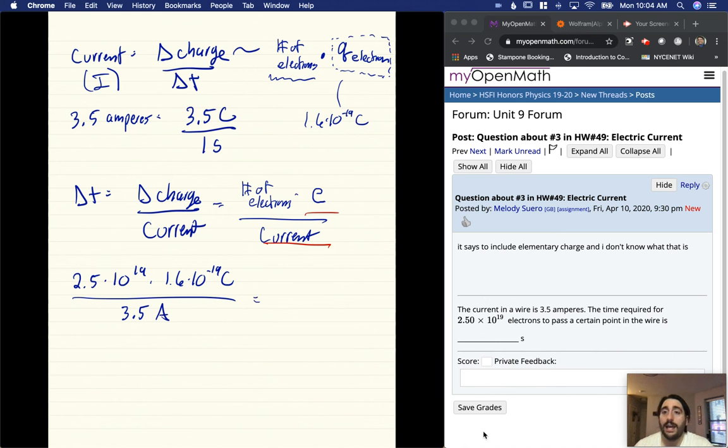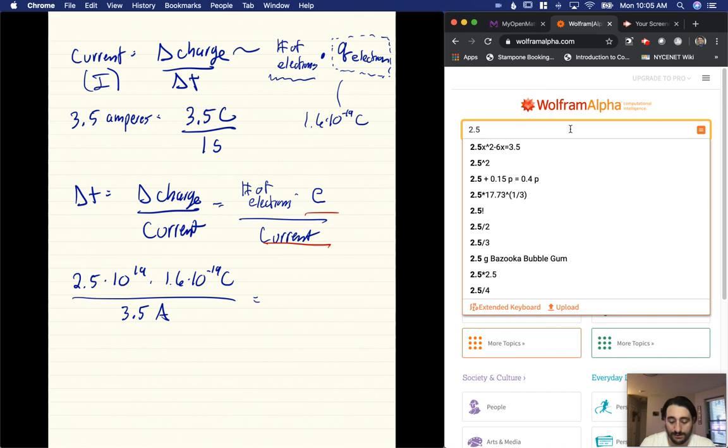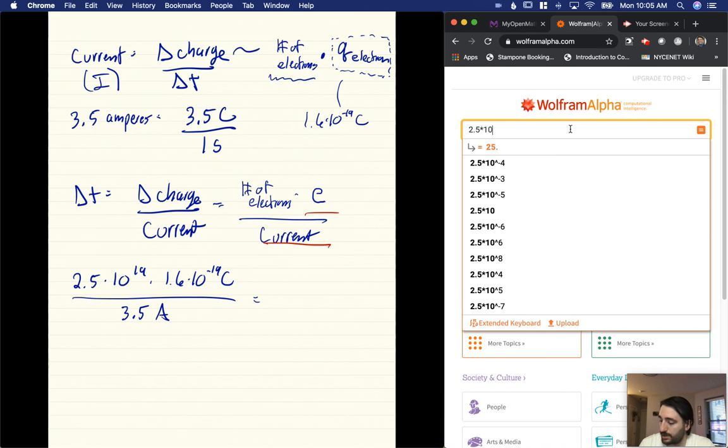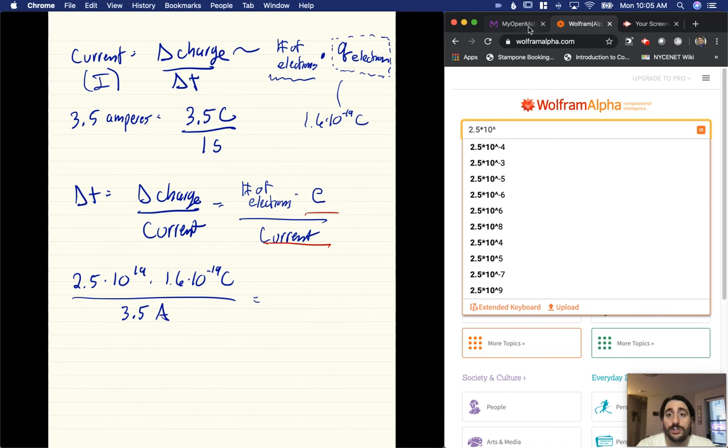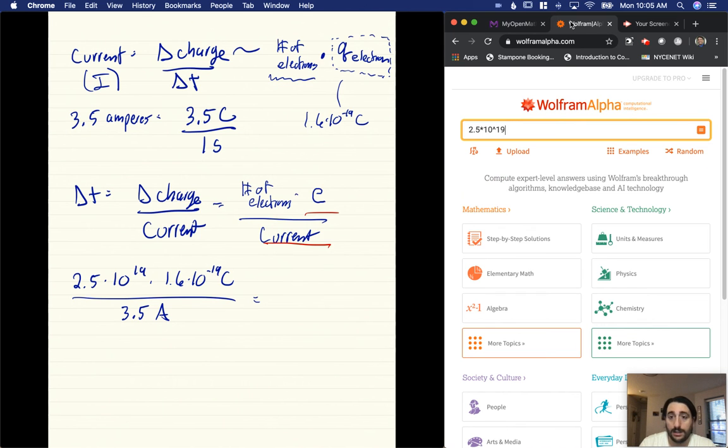Okay. And I'll go over to my calculator and I will do 2.5 times 10 to the 19, times 1.6 times 10 to the negative 19, all divided by 3.5.